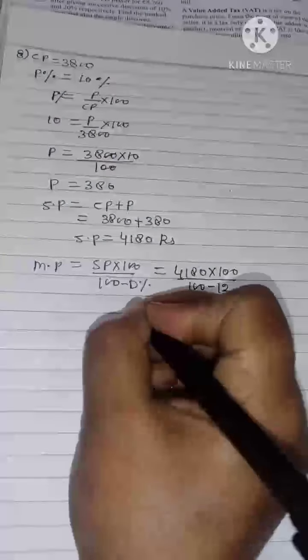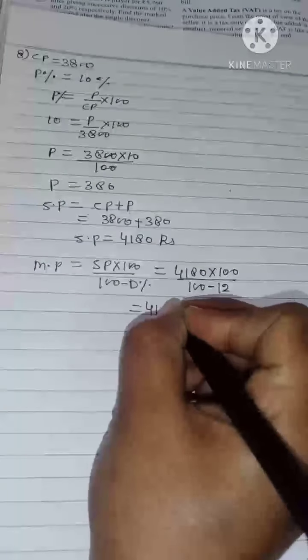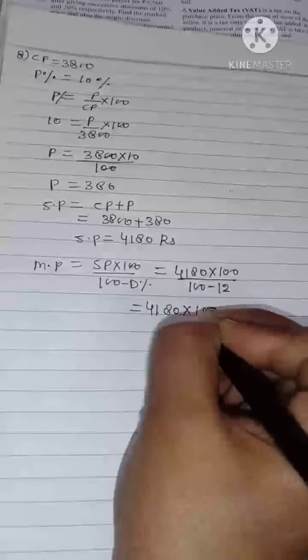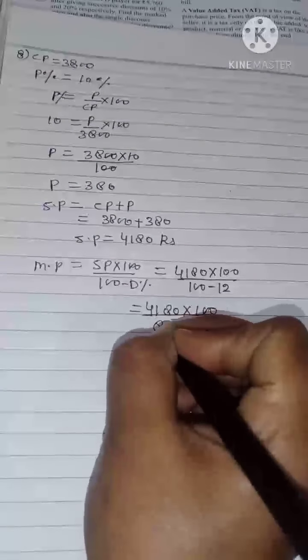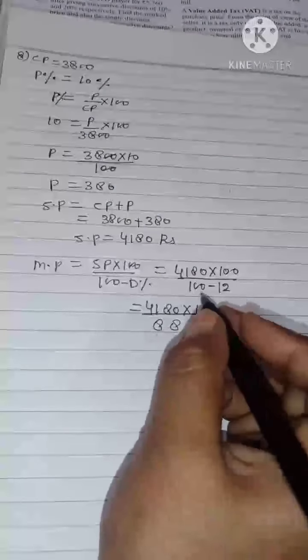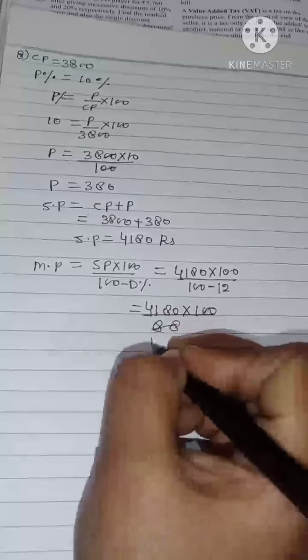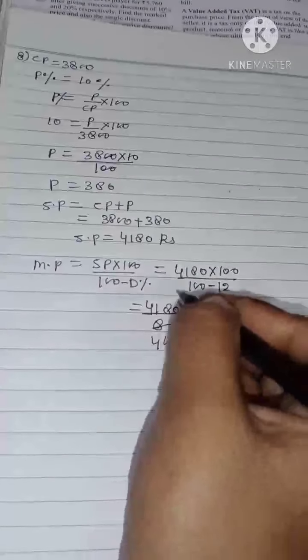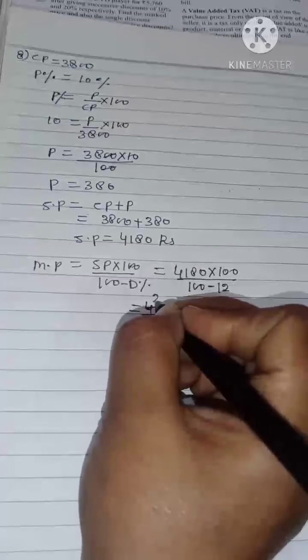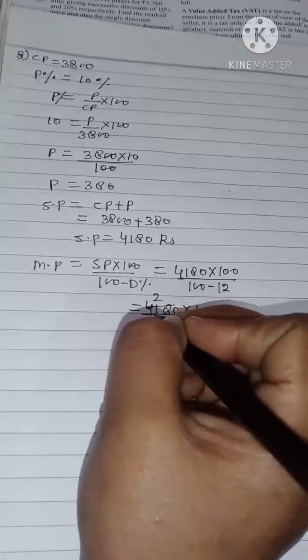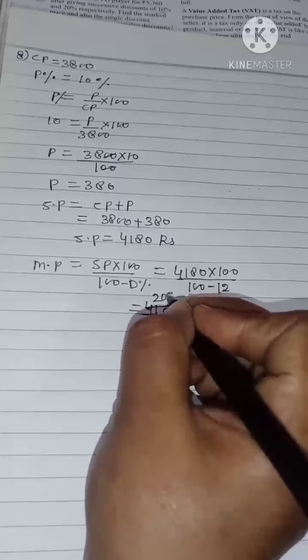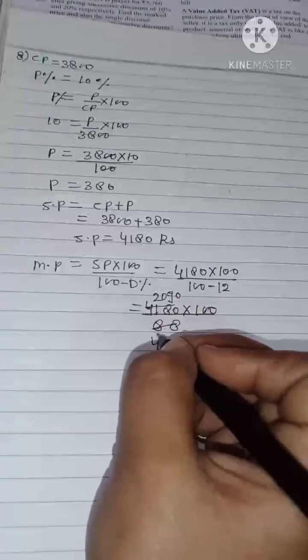So it will be, beta, 4180 into 100 divided by, beta, 88. Okay, now make them cancel. By which table can they be cancelled? 2 4s are 8, 2 4s are 8, 44. Here 2 2s are 4, no? Then 1 will come, 2 9s are 18, and 0, still 22.